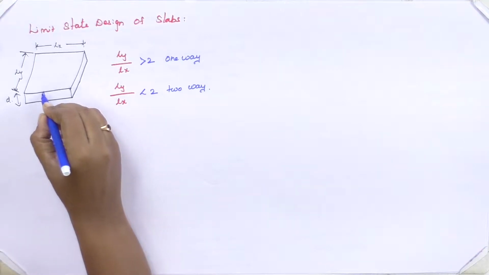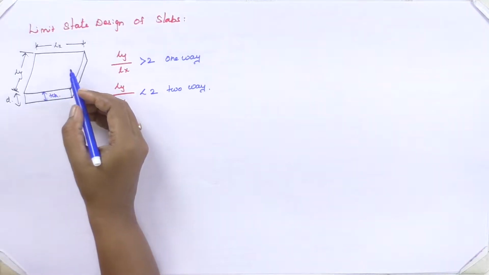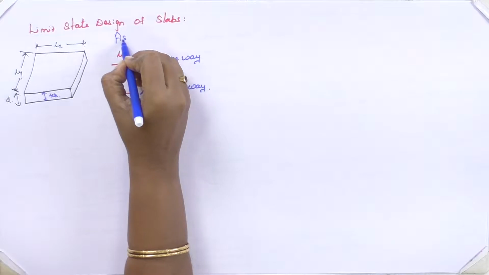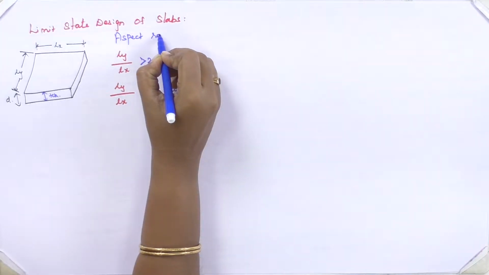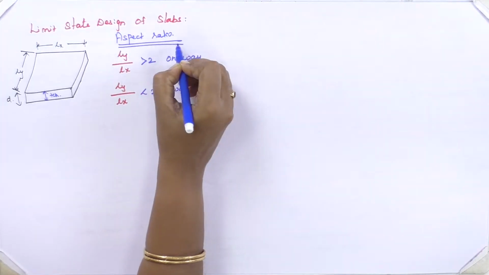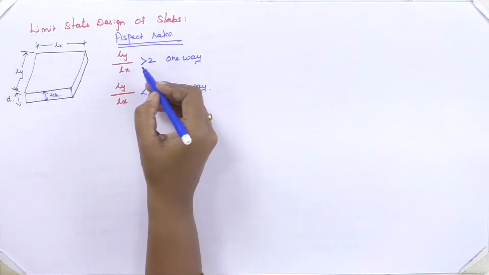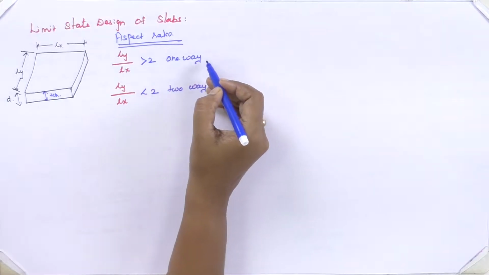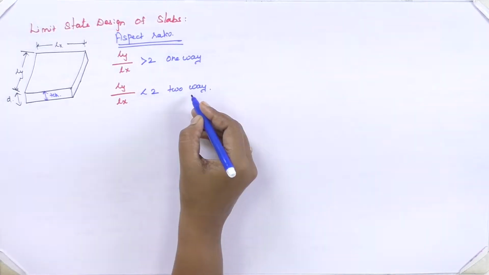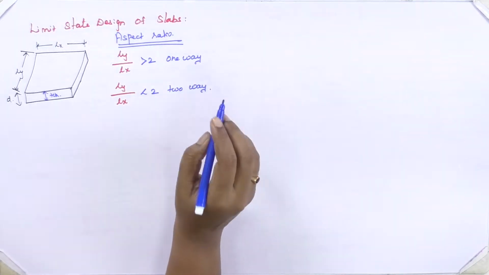This is my thickness of the slab. Based on the aspect ratio, we can classify the slab: Ly by Lx greater than 2, you can call it a one-way slab. When it is less than 2, I can call it a two-way slab.